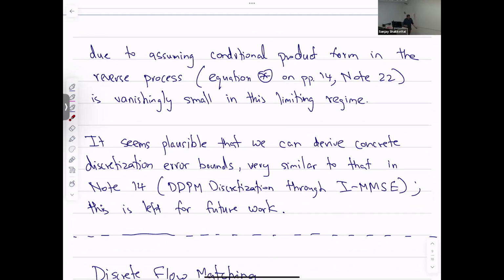So one more point, maybe this is done in the literature, but I couldn't find it. Maybe someone knows this. It seems we can take this flow model and talk about the number of steps in a discrete language model. What is the error in denoising? How far away are you from the ground truth distribution? Just like what we did for the continuous case, we did the IMMSE proof, we did the Girsanov proof, and all that stuff. So things should work out here.